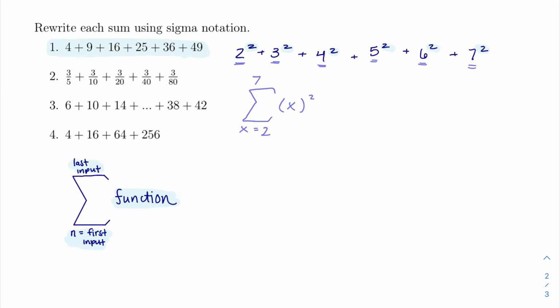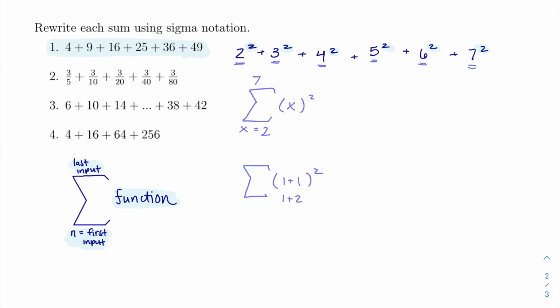Okay. We could start with 1. If you're someone that loves to always start with 1, it's still a squaring function, right? But in order to get 2, it would have to be 1 plus 1 squared. In order to get 3, it'd have to be 1 plus 2 squared. In order to get 4, 2 plus 2 squared.